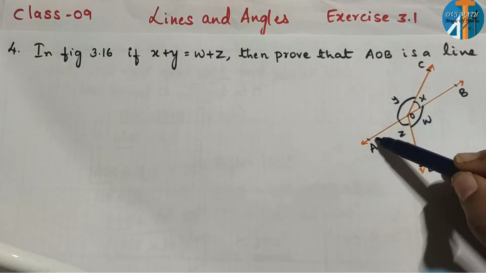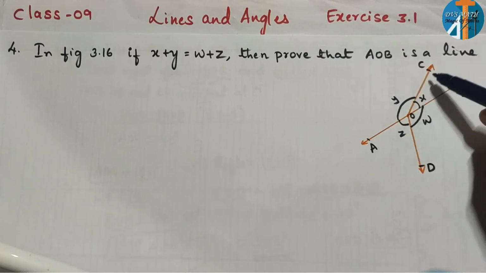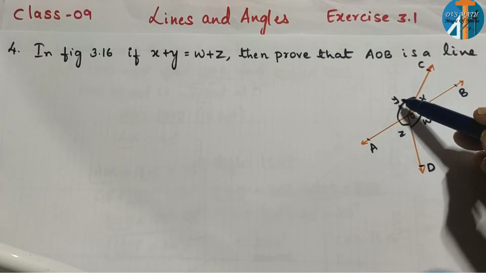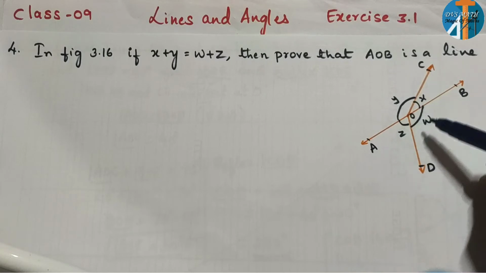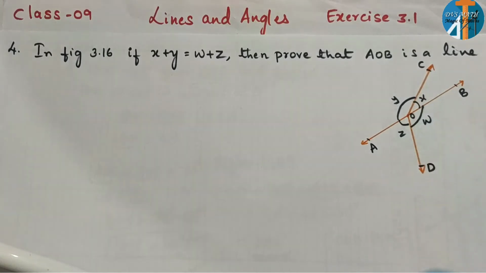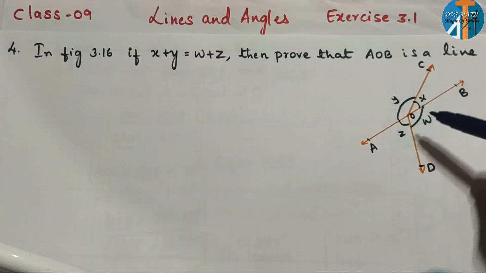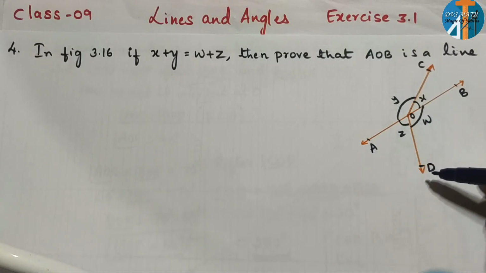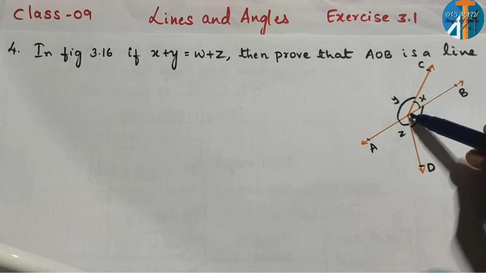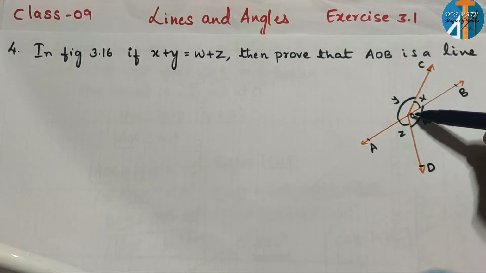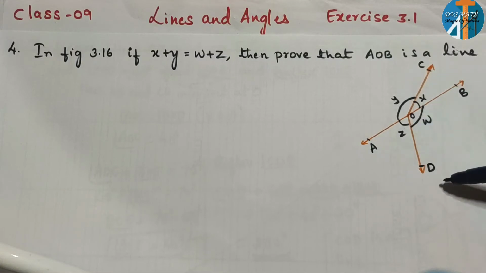Here you can observe we have two adjacent angles, right? x and y are adjacent angles, and w and z are adjacent angles. Adjacent angles, as you all know, have a common vertex and a common arm. Here the common vertex is O. The common arms are OC, one arm, and OD, another arm, or you can call it a ray also.